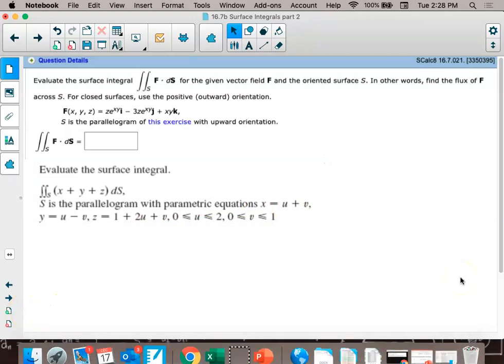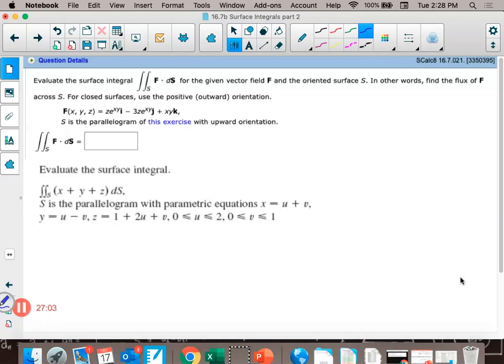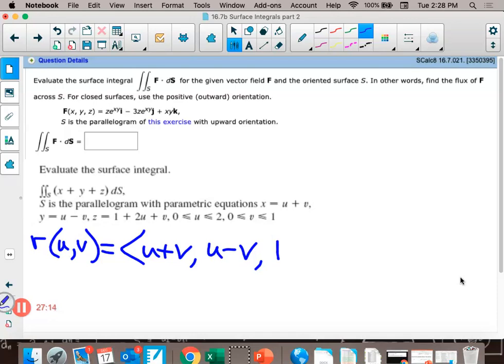So if our R of U, V is U plus V, U minus V, and 1 plus 2U plus V, and U is going 0 to 2, and V is going 0 to 1.